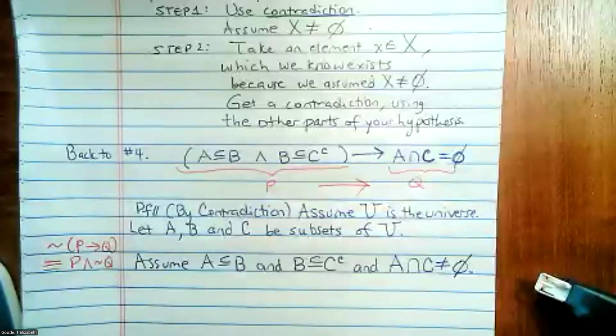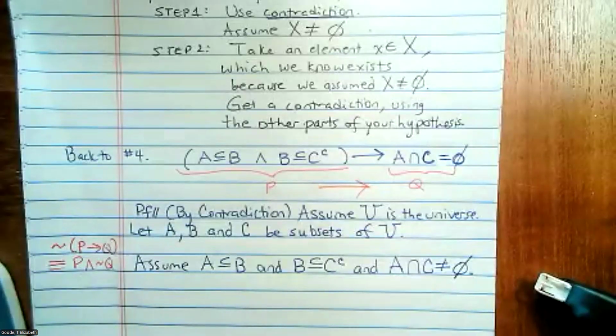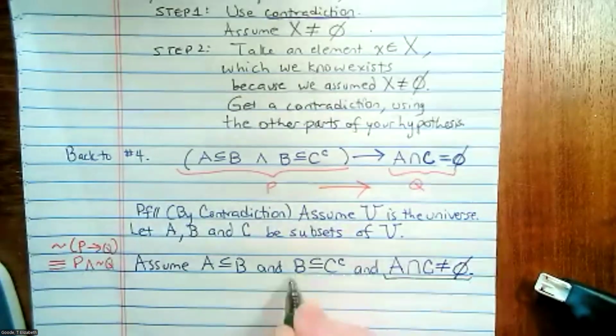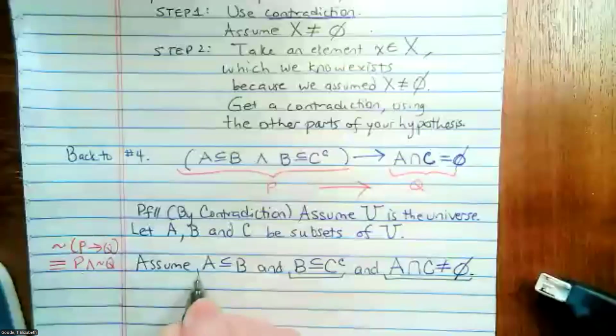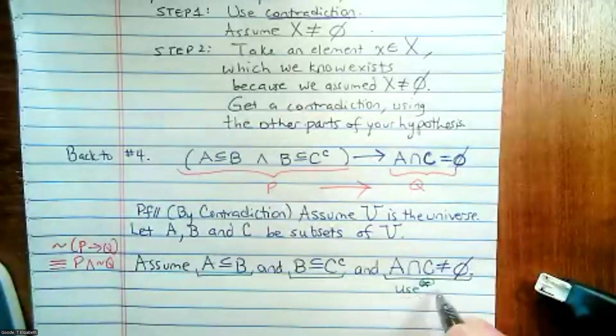And then step two is to take an element from this set that we have assumed is not empty. See, we've got three pieces of hypothesis here. And we're going to use this one first.